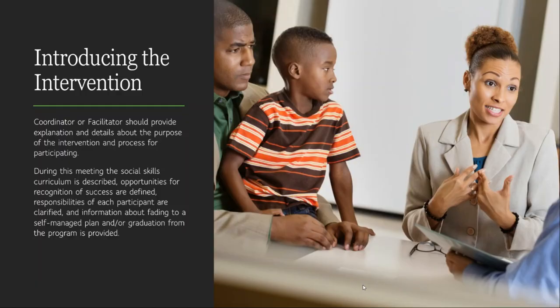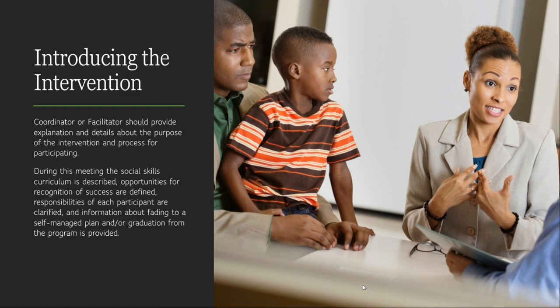So the next step is going to be introducing the intervention. So the coordinator or the facilitator is going to provide an explanation and details about the purpose of the intervention and the process for participating in the intervention. During this meeting, the social skill curriculum that's going to be used, or those lessons, are going to be described.